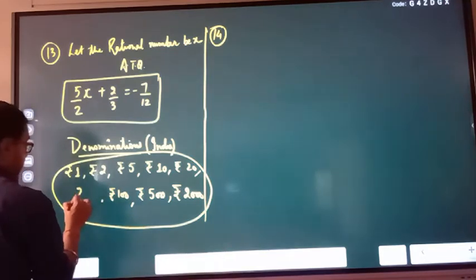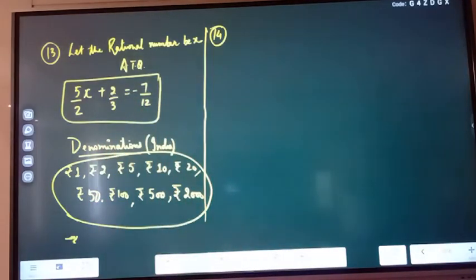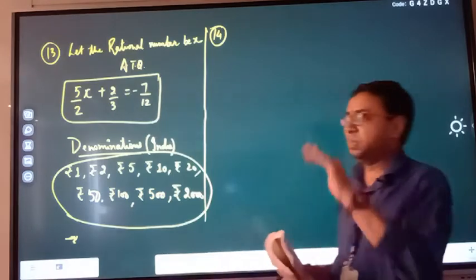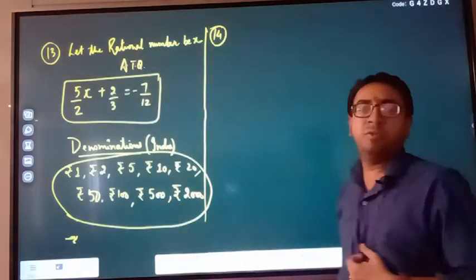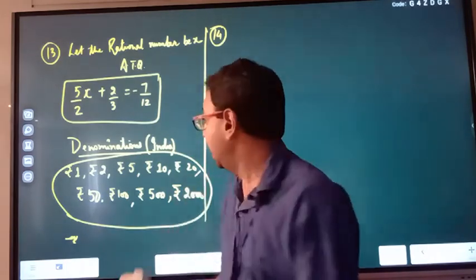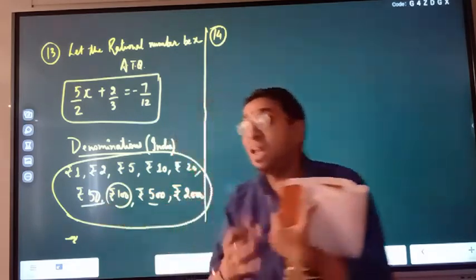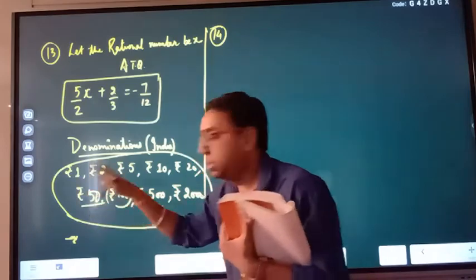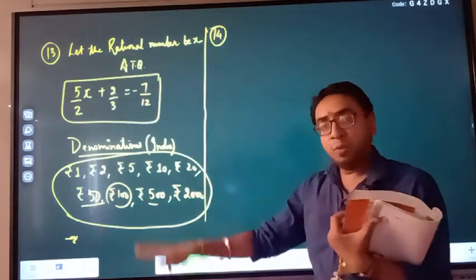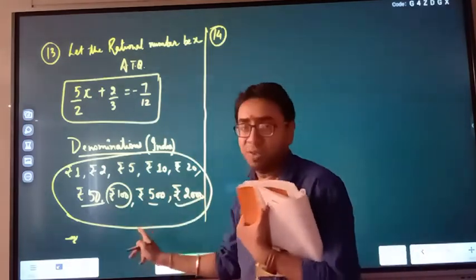If you go to the bank for the ATM, once you want to take the amount from the ATM, the ATM will definitely ask you what denomination you want, notes of 100, 500 or 2000. Why? Because the lesser the denomination, the more will be the number of notes; the greater the denomination, the fewer the notes.